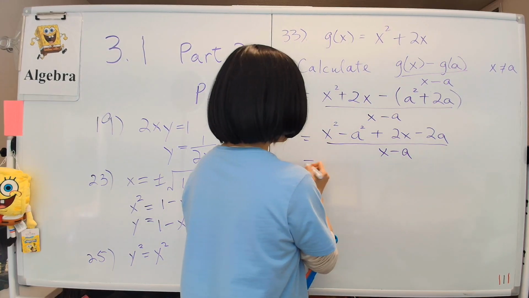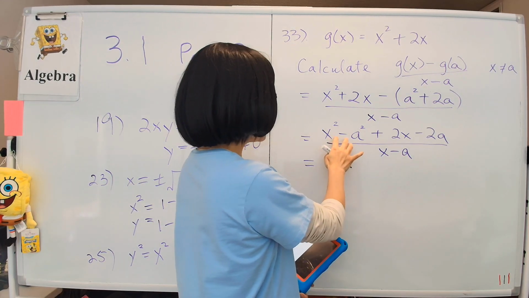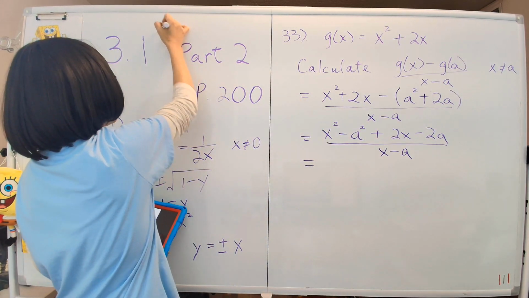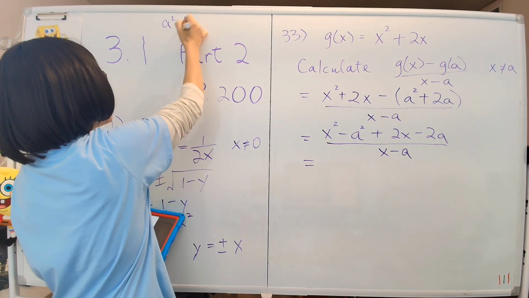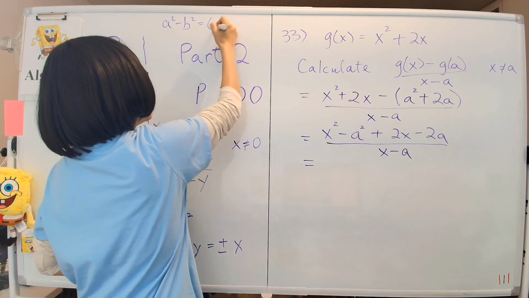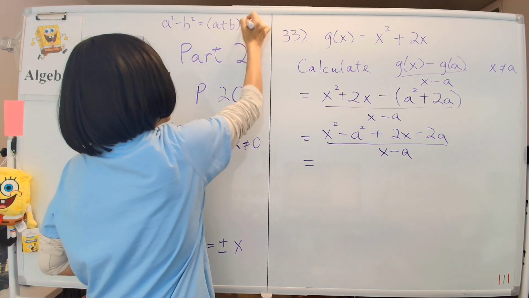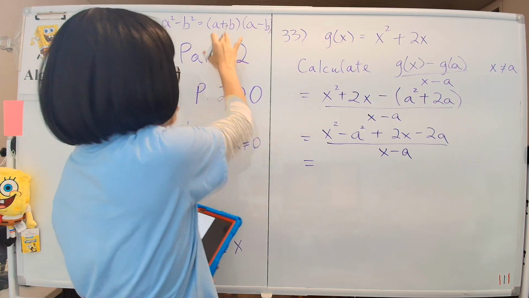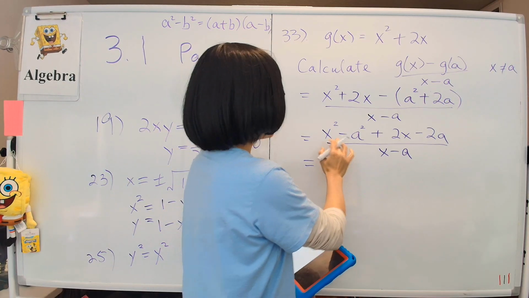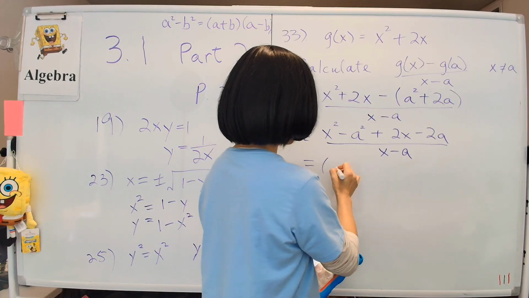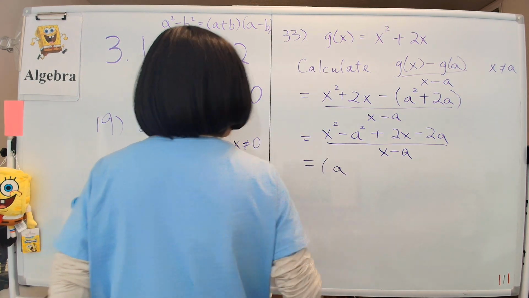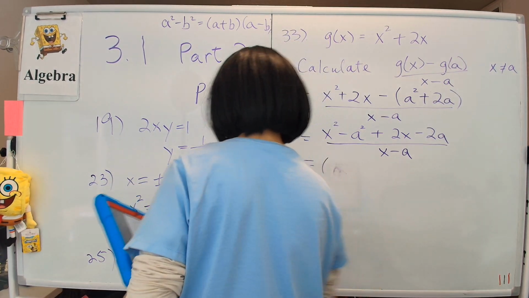And so continuing, we notice that this is the difference of squares. And remember, what is the difference of squares? Difference of squares says a squared minus b squared equals a plus b times a minus b. Please remember this, okay? So x is now the new a.